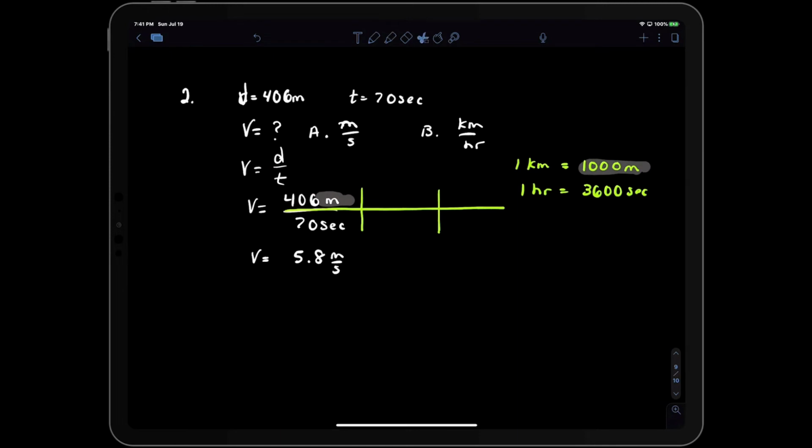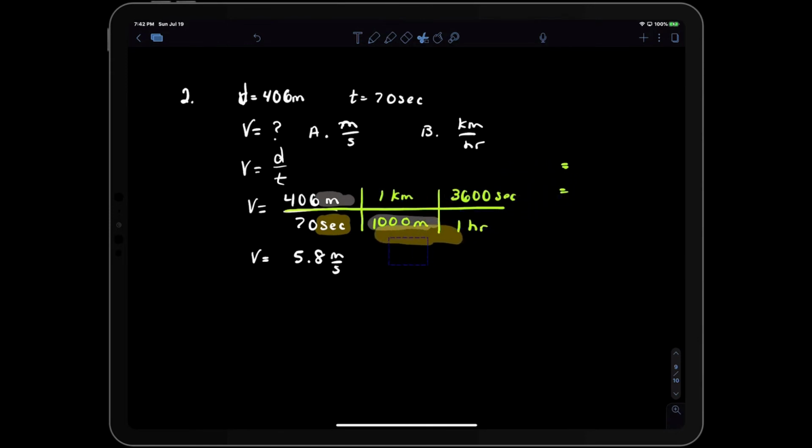So that means that that portion of my conversion factor gets cross-canceled down here, and the rest of this goes on top. We go to the other one. We have seconds. We have seconds. So that portion of the conversion factor goes on the top. And the rest of the conversion factor goes on the bottom.